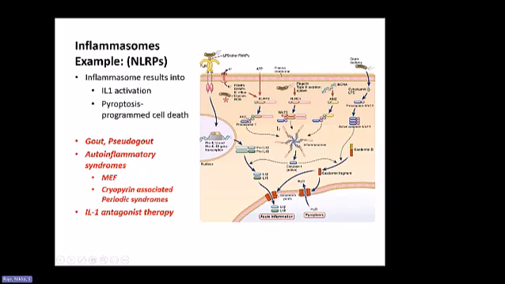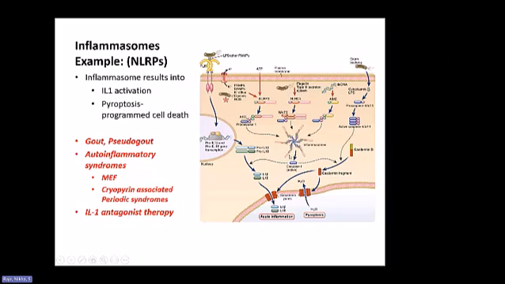This inflammasome, bringing all these NOD-like receptors together with the pyrin domain attached to it, is important to form the inflammasome. This structure will activate caspase from procaspase 1 to caspase 1. And that caspase 1 is important in activating pro-IL-1 beta or pro-IL-18 to its active form IL-1 beta or IL-18.